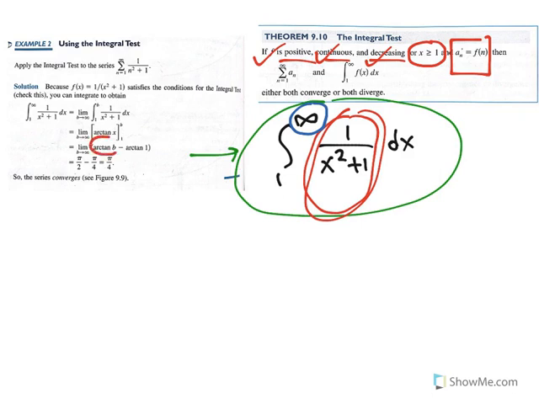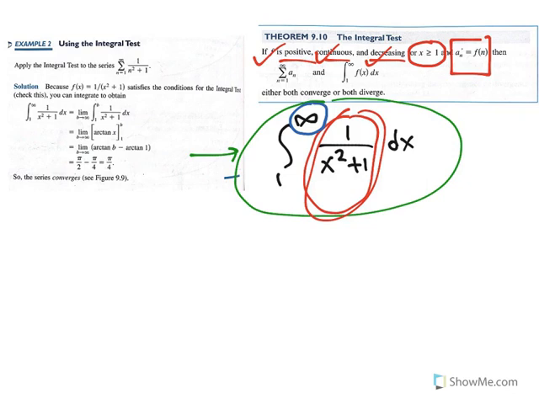So if you remember something about the tangent function, the tangent of pi over 2 is undefined. But as the angles approach pi over 2 from values that are less than pi over 2, the tangent function goes to infinity. So for the arctangent, if b is going to infinity, the arctangent will approach pi over 2.